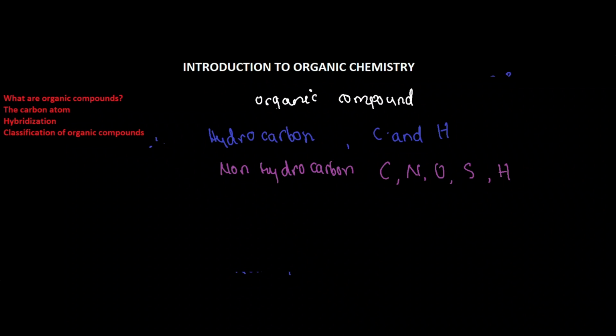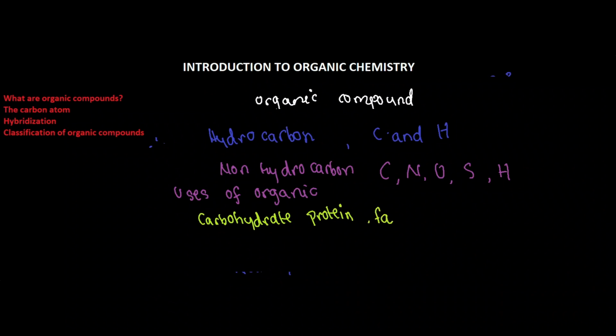Moving on, just to add on to what we have here as our outline, we also have uses of organic compounds. Organic compounds are used in our everyday life, and the food we eat, carbohydrates, protein, fat and oil, are all organic compounds.